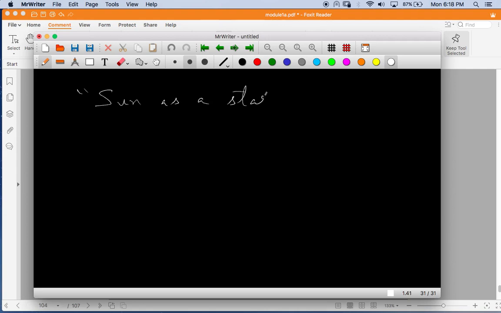This is jargon for an observation where you simply point a radio antenna at the sun, and that's my sketch of an antenna.